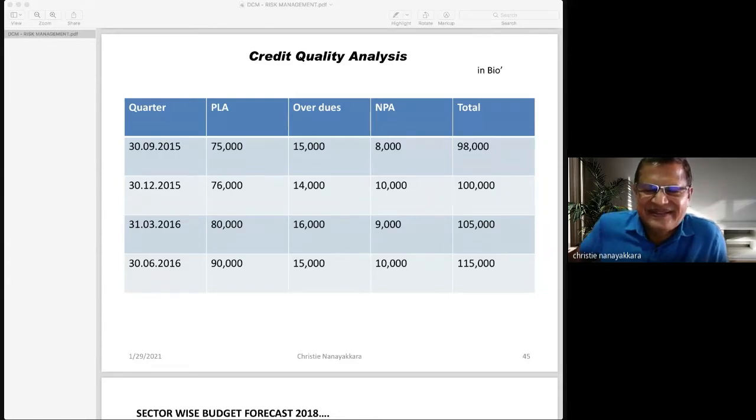Quality analysis is where you take the total loans and advances, and you divide them into how much are non-performing advances, how much performing advances, and how much are overdue. Performing means if you take an overdraft, the customer operates within limits, and if you take a loan, not a single day has been delayed, he paid his dues on time.